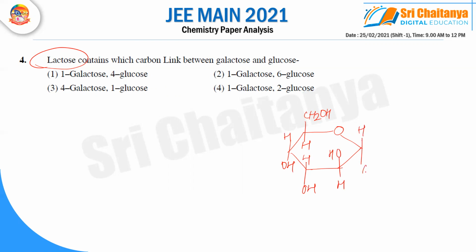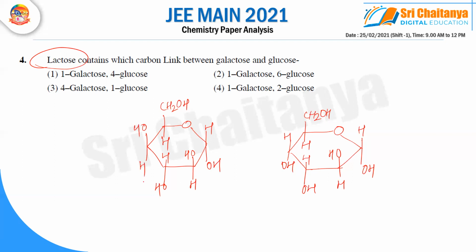So this is beta glucose, and I'm also making a beta galactose here. So this is the first carbon, and this is the fourth carbon of glucose. This is beta glucose, and this is beta galactose.